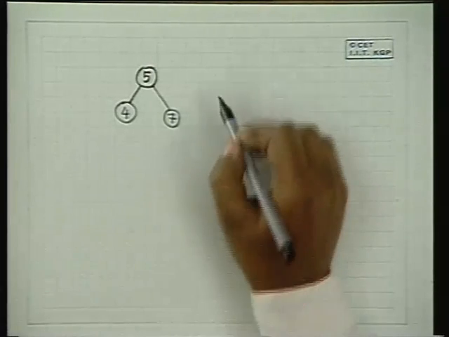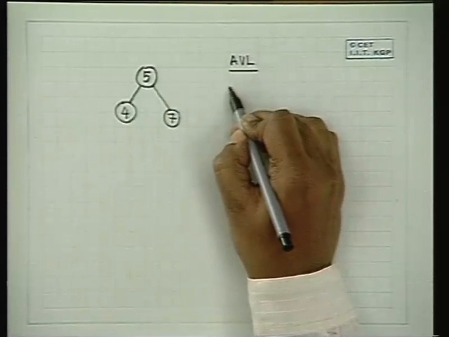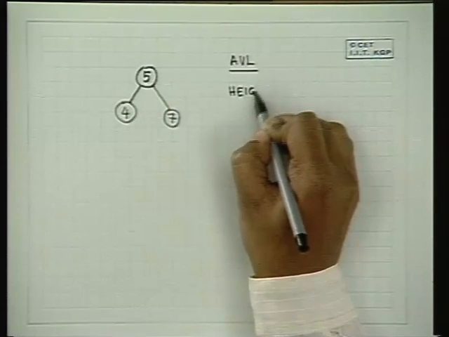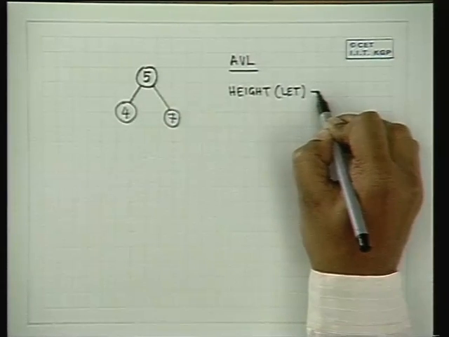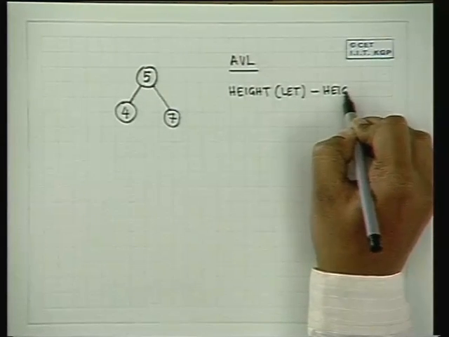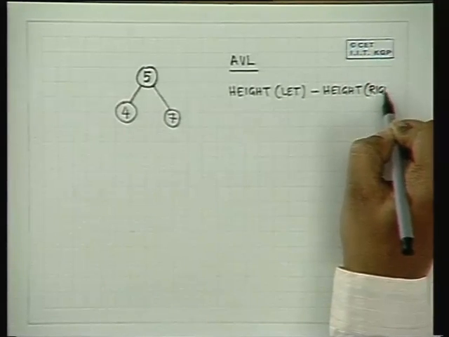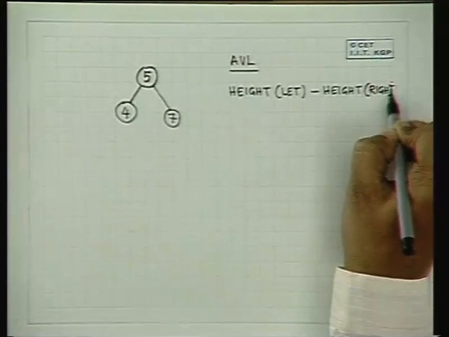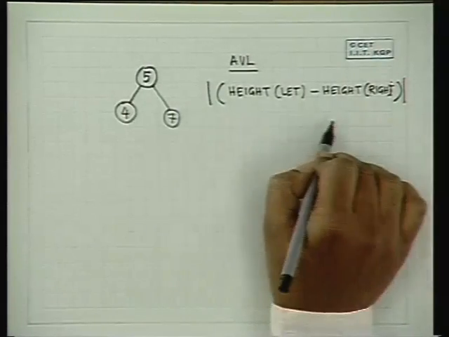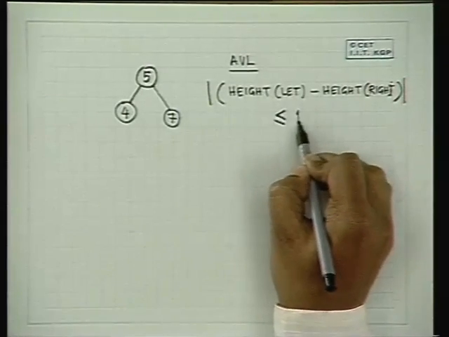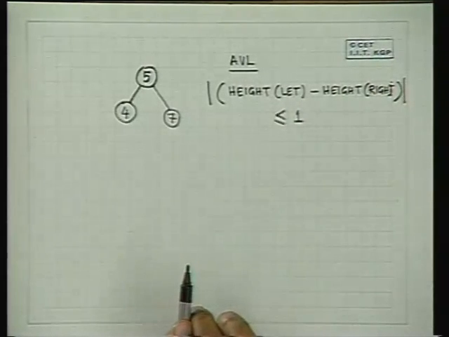In the AVL tree, the check is the absolute value of the height of left minus the height of right, that is the difference. Either they will be equal or they will differ by at most 1.